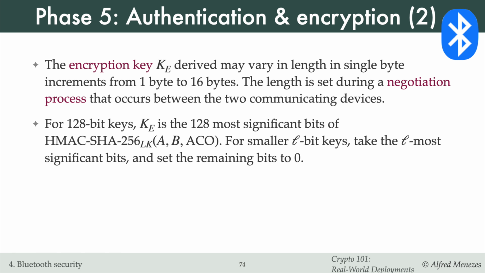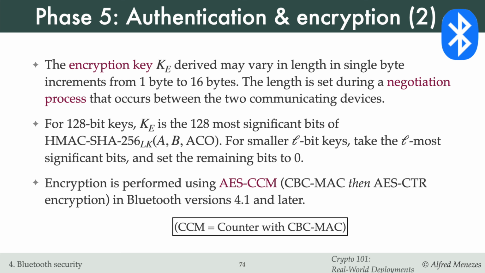For a 128-bit key, KE is defined as the first 128 bits of the HMAC tag, with the link key serving as a secret key and the Bluetooth identifiers and the ACO acting as inputs. For smaller L-bit encryption keys, Alice and Bob can set the rightmost bits of KE to be 0.